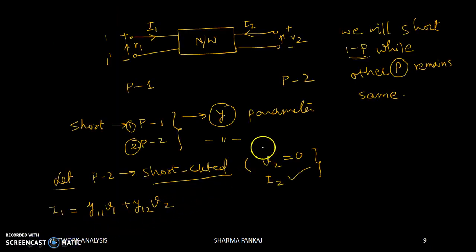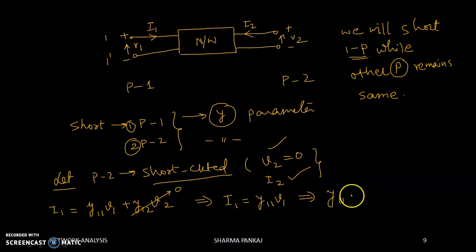Now see this. V2 is made 0, so this whole term will become 0. That implies I1 is equal to y11 v1, so we can easily have the value of y11, which is I1 upon v1 under the condition when v2 is 0.